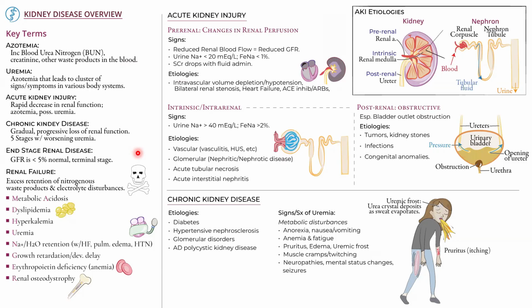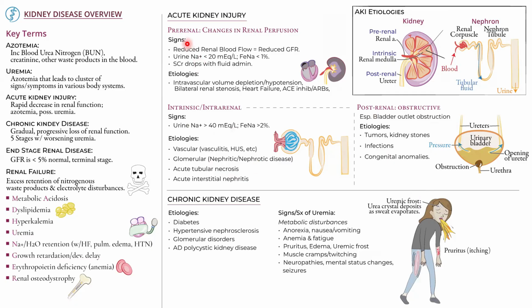We'll have one, pre-renal, two, renal causes or intrarenal causes, and three, post-renal. So pre-renal is anything that leads to a decrease in blood supply to the kidneys. Intrinsic causes means anything that is affecting the nephrons. Then post-renal means anything that is obstructing the urinary system.